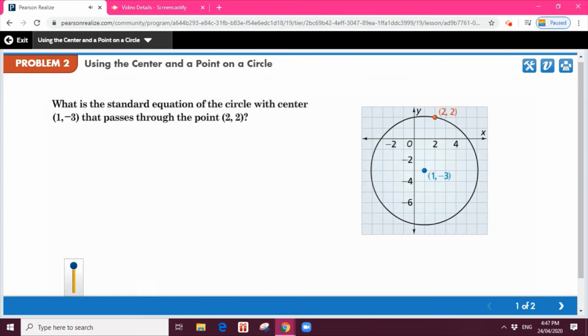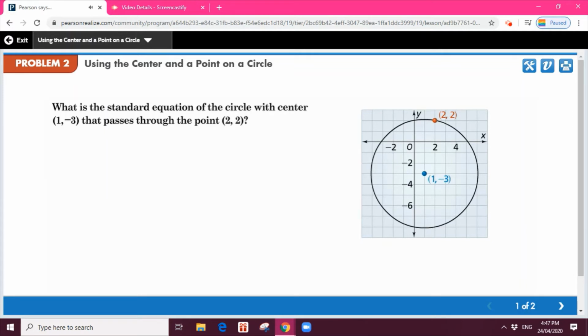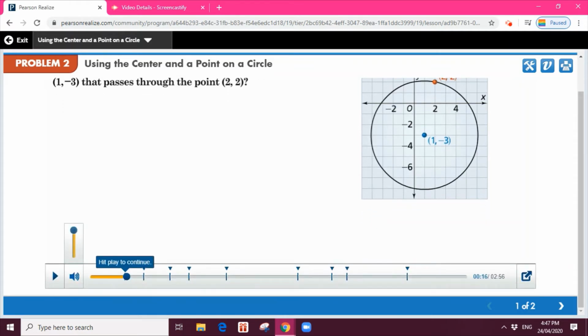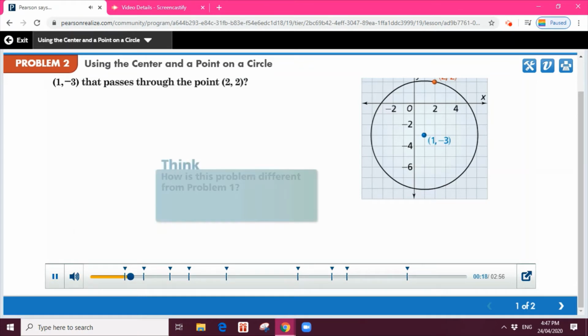In this problem, you'll use the center and a point on a circle to write the equation of the circle. What is the standard equation of the circle with its center at the point 1, -3, that passes through the point 2, 2? How is this problem different from problem 1?